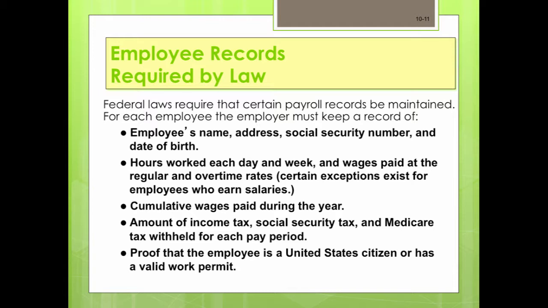Remember, because of the act, any hours worked over the 40-hour limit, you have to pay at the overtime rate. You have to keep track of cumulative wages paid during the year, the amount of income tax, the amount of Social Security tax, and the amount of Medicare tax that you're withholding each pay period, and the proof that the employee is a United States citizen or has a valid work permit.